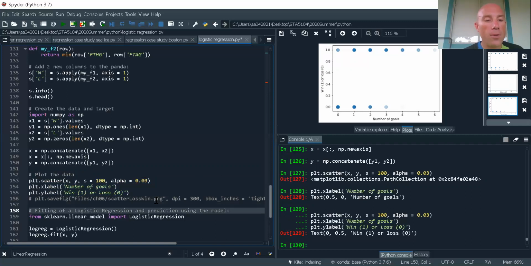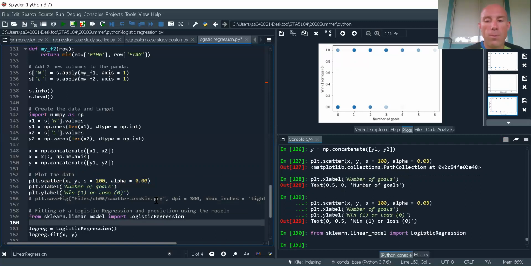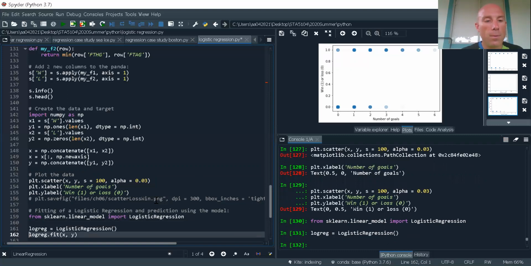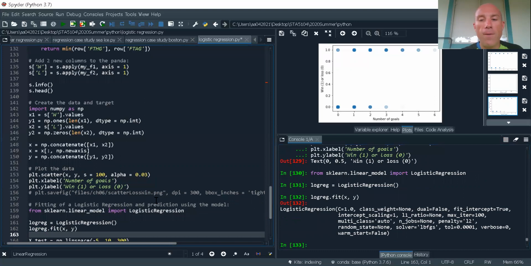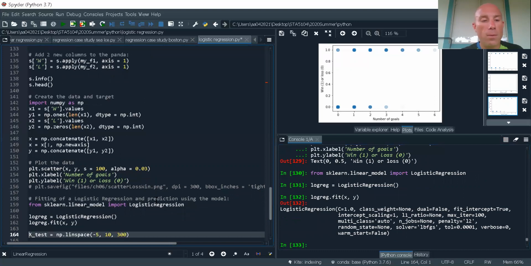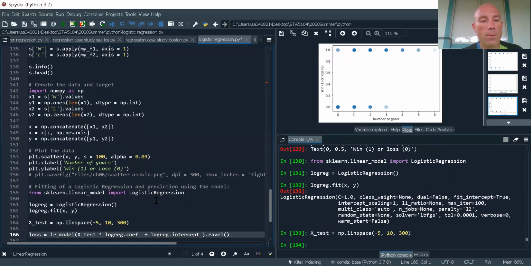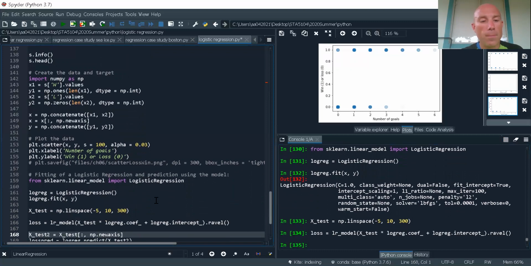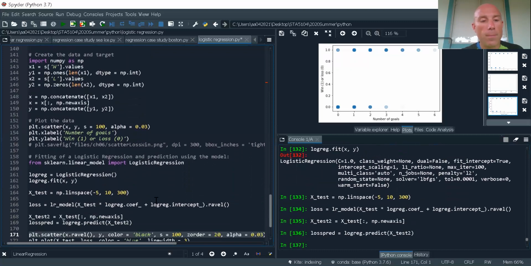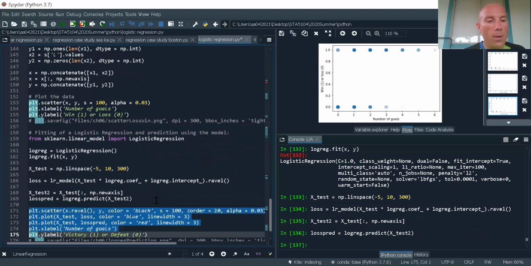So let's go ahead and actually do logistic regression. Let's get the logistic regression function and fit it on X and Y. And then let's do some plotting.